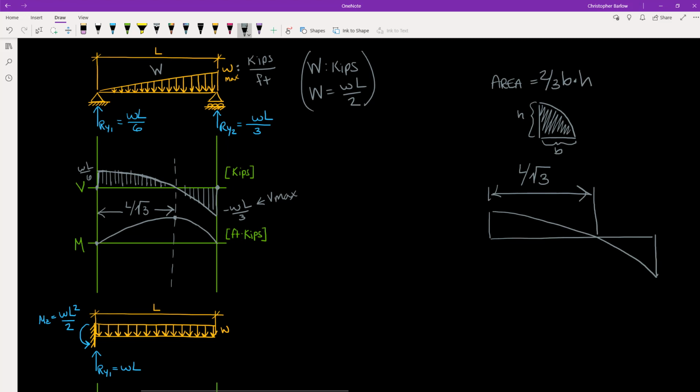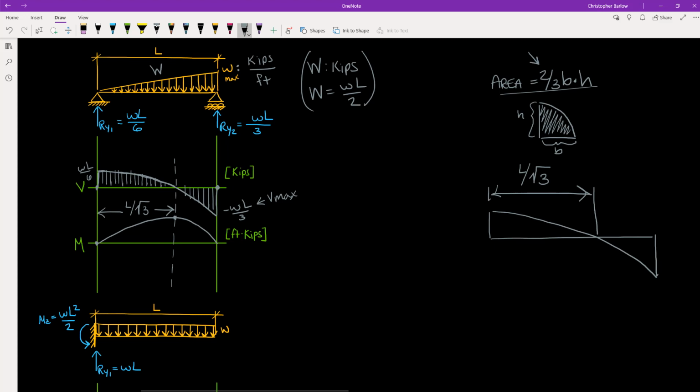Now we need to calculate the area under this parabola. That may sound complicated at first, but the formula for area under a parabola is actually quite simple. It's very similar to the area under a triangle, except instead of 1/2, we are now taking 2/3.